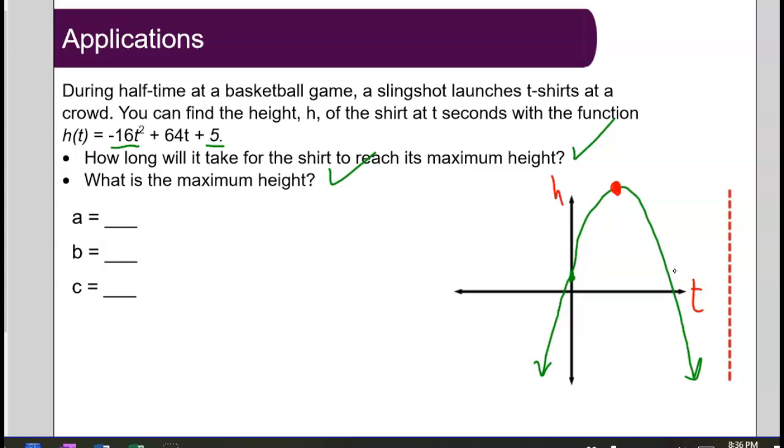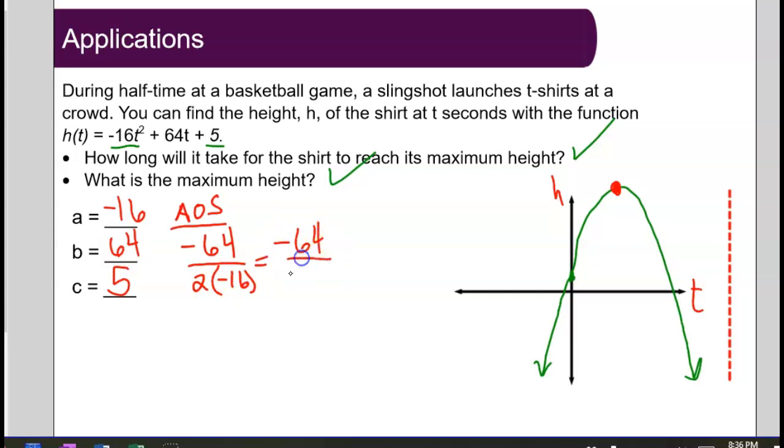So to find the maximum height, we need the axis of symmetry. a is negative 16, b is 64, c is 5. So axis of symmetry, negative 64 over 2 times negative 16, negative 64 over negative 32. My axis of symmetry is at 2.